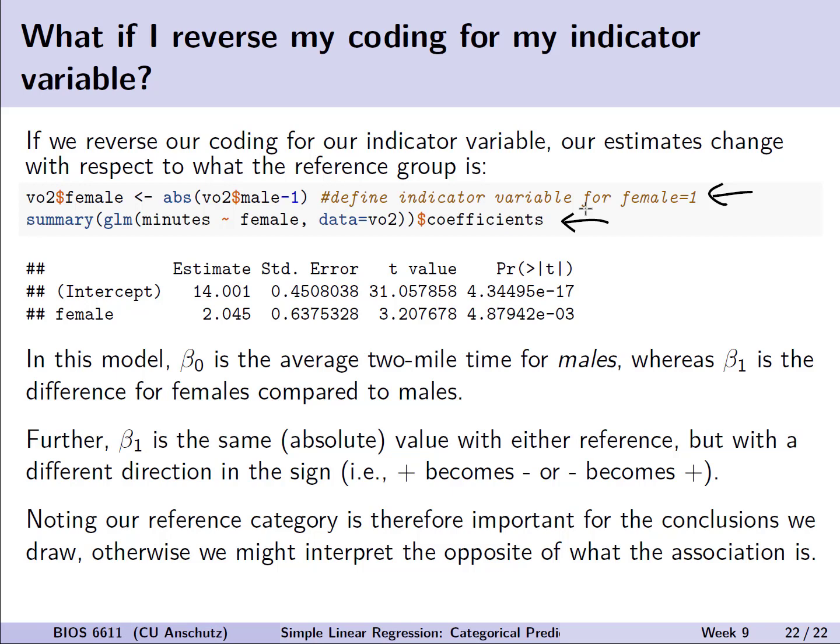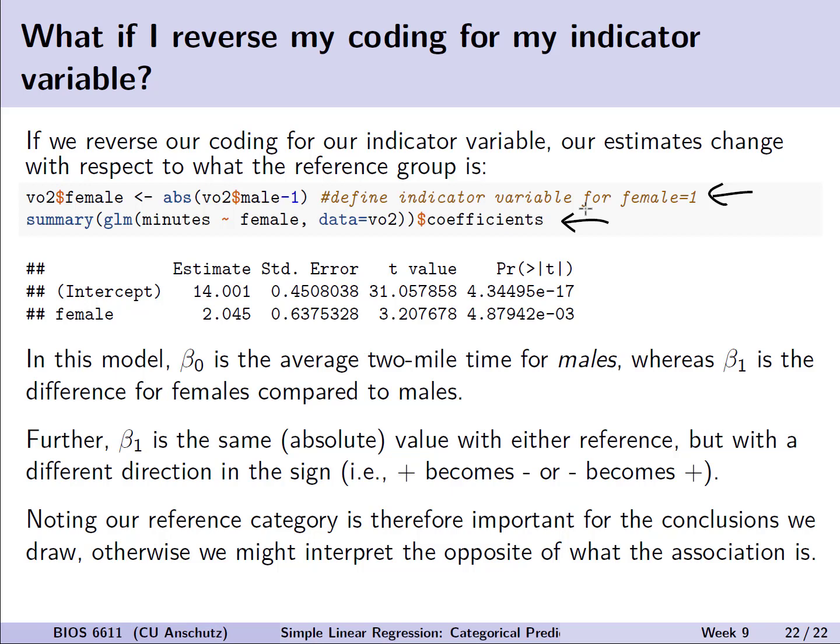What we see here below then is an estimate where beta naught now is the average 2-mile time for males instead of females. So on average, males will take 14.001 minutes to run 2 miles. Whereas beta 1 is going to now be the difference for females compared to males. In fact, we can actually note in this simple linear regression case, it's the exact same number, 2.045, but the sign has flipped.